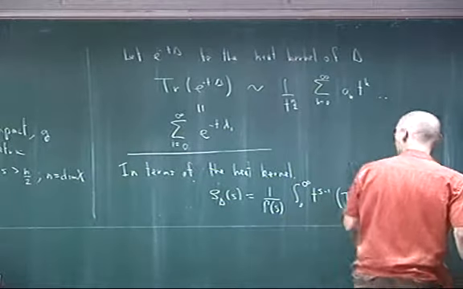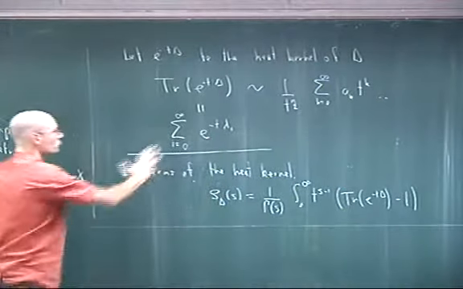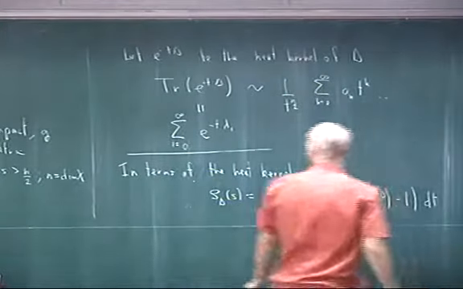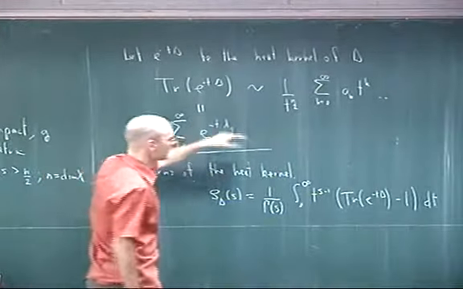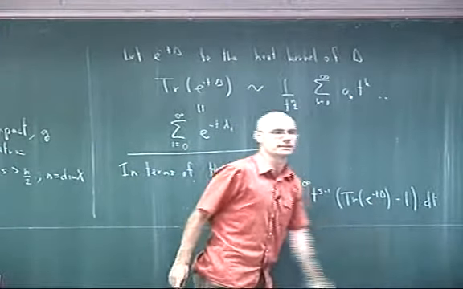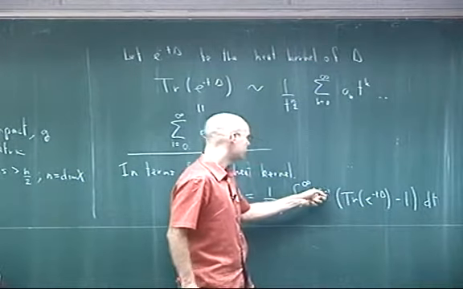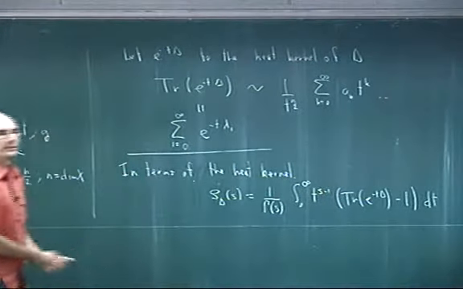And I will subtract 1 because I don't want to have the 0 mode. And then I integrate in t. When I subtract the 0 mode, that ensures that as t goes to infinity, it decays very fast. So the integral will converge if s is big enough.